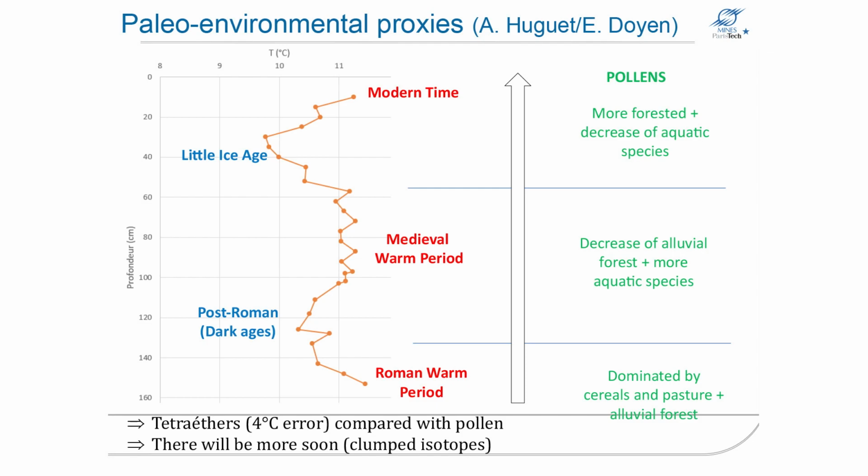One is of sedimentary feature, which is the alluvial forest, which decreases and starts increasing again, going back into this period. And the other interesting part is that aquatic species decrease, which is consistent with the progressive filling of the channel. Okay, and I'm done with that part.